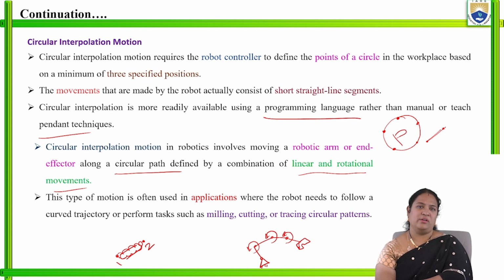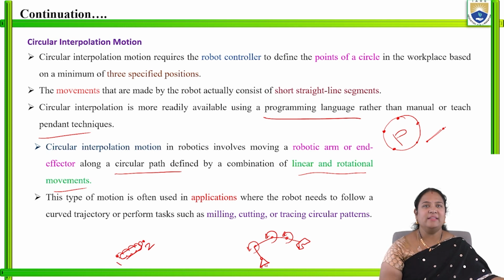Generally, this type of motion is used in milling, in cutting with a particular tool, in any cutting section of a manufacturing unit, or it can also be used in tracing circular patterns.